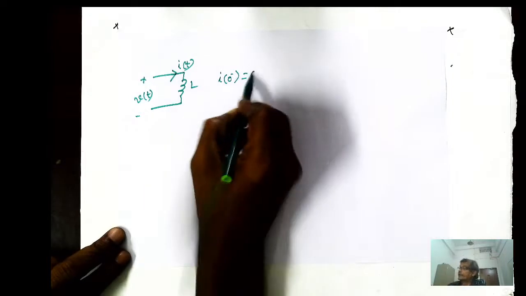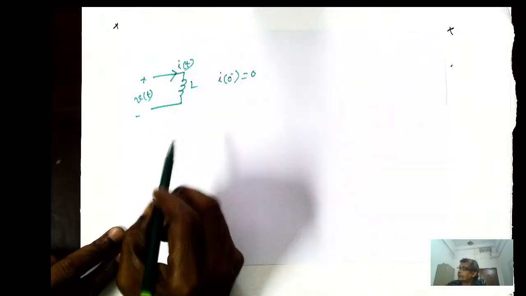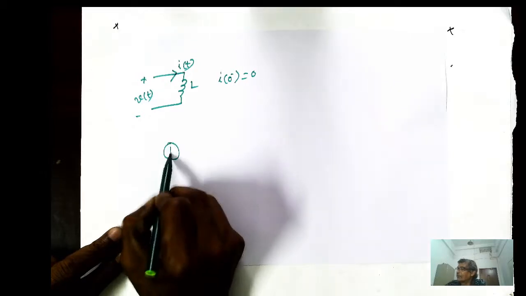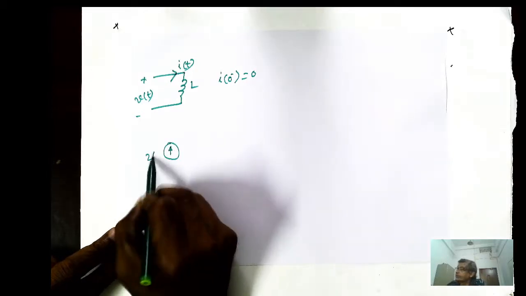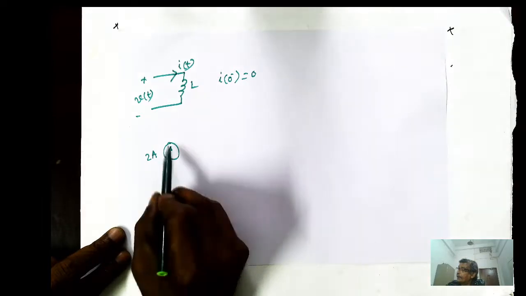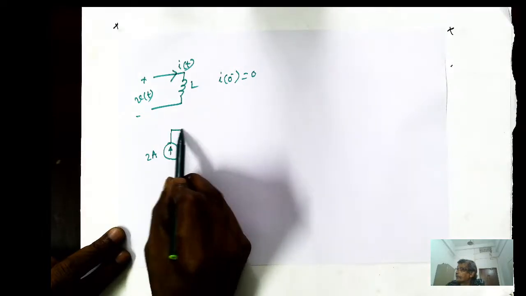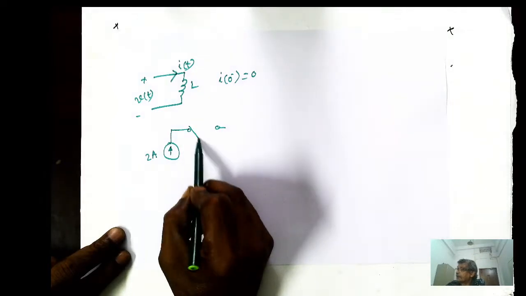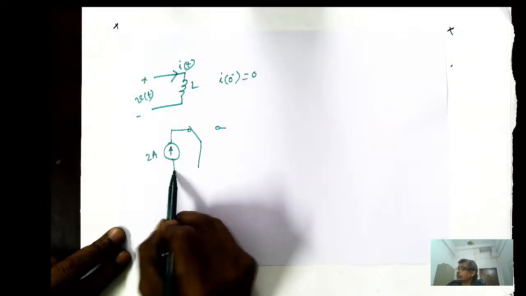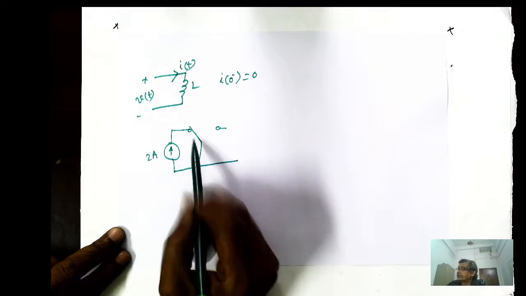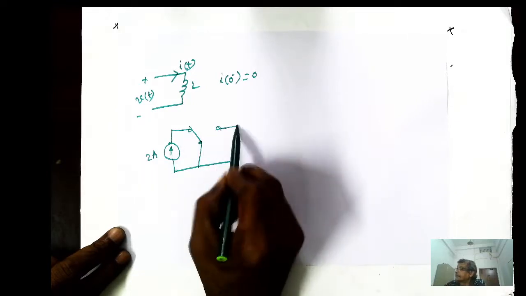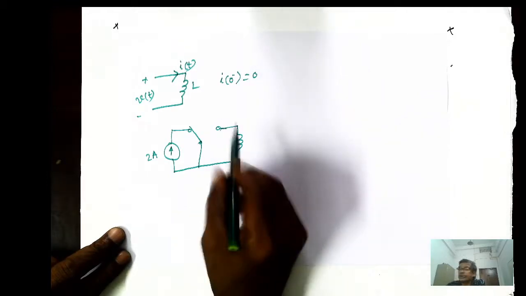Somebody says that, no, I have a current source, say, let me put some number, a 2 ampere current source. Here is the circuit. You connect like this. A current source, when not in use, should be kept short circuited. This is the situation. And here is the inductor, which has no initial current.